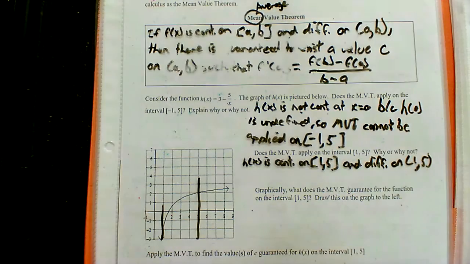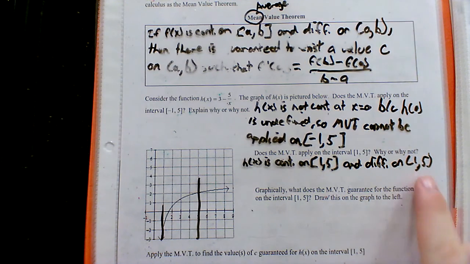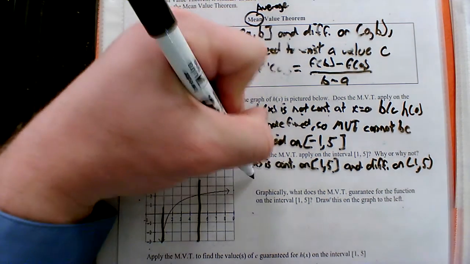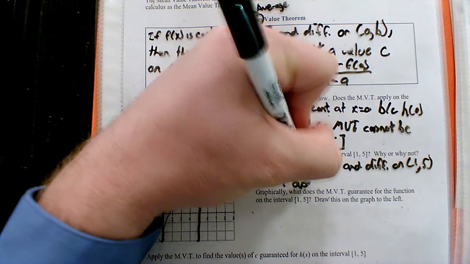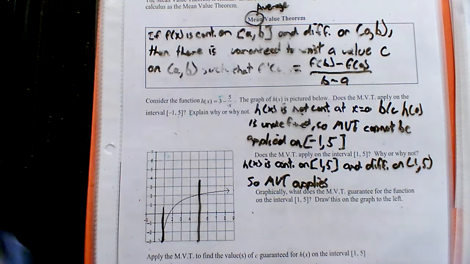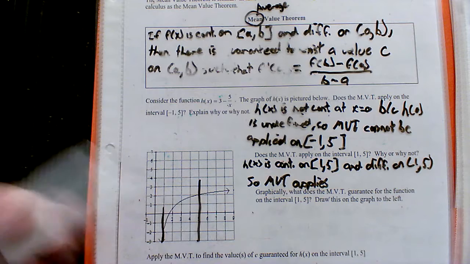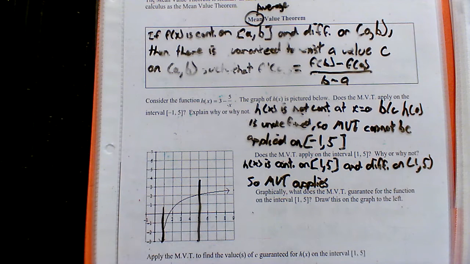Remember, we have to do open interval for differentiable because you can't take the derivative at the endpoint. So it's the open interval. So MVT does apply. And we stated the interval up above, so we don't have to state it again.